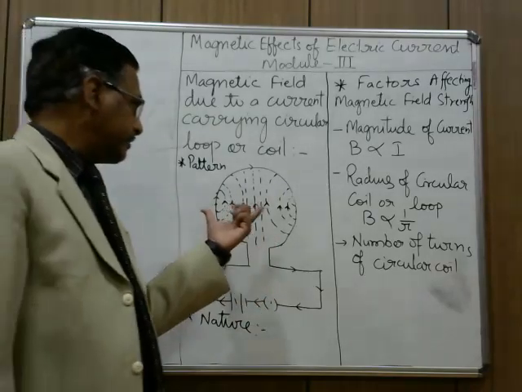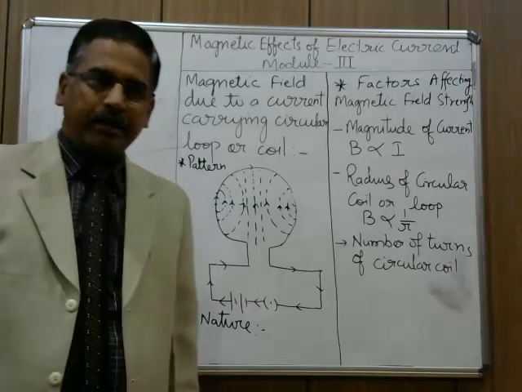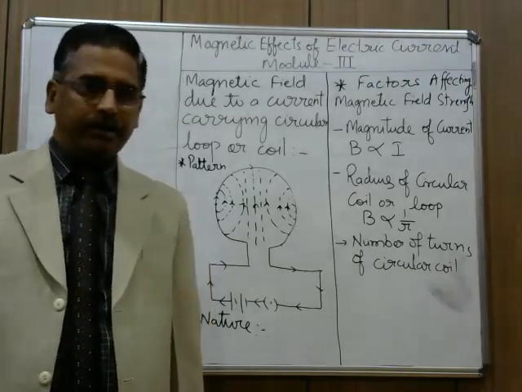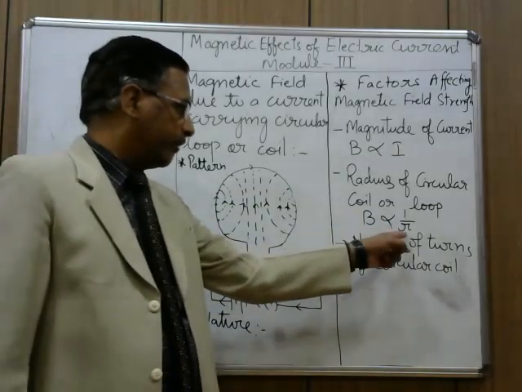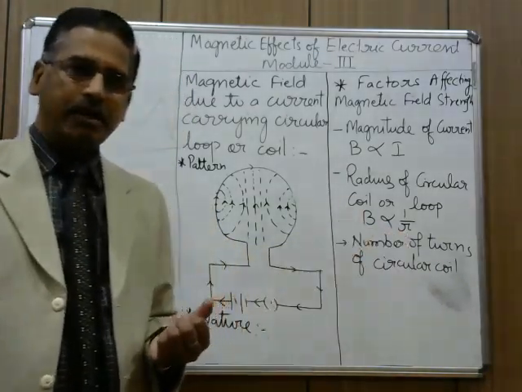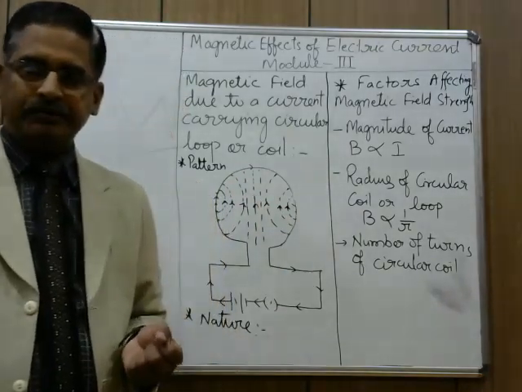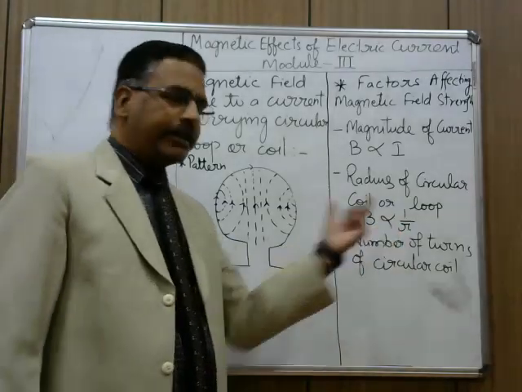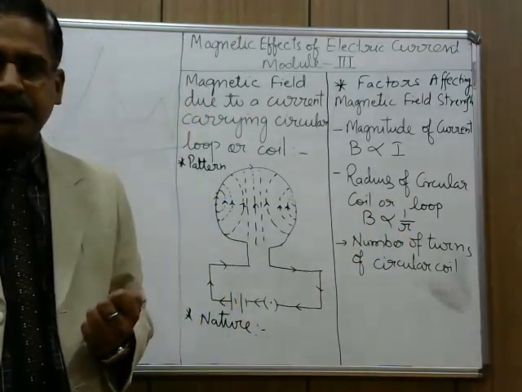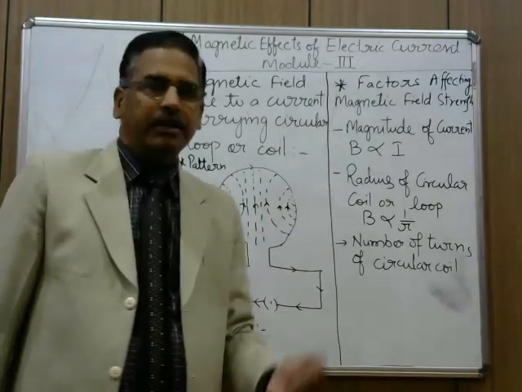If we increase the radius of the circular loop, then at the center of the circular coil, the magnetic field will decrease, inversely proportional. If we increase the radius of the circular coil, the strength of the magnetic field produced at the center will decrease, and if we decrease the radius of the circular coil, then the strength of magnetic field at the center will increase.